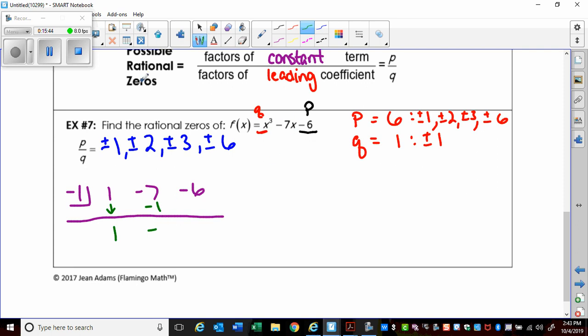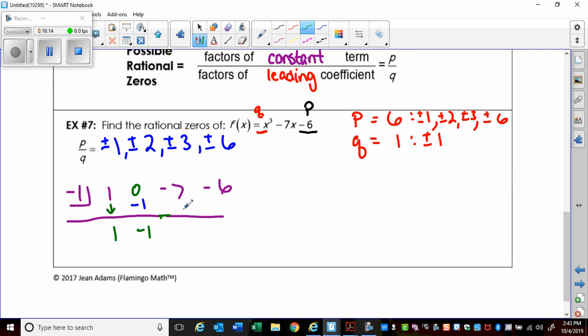Oh, I forgot about the 0 right here. I knew something didn't look right. So there is no x squared. We have to have a placeholder, so I have to have a 0. And then I can put -7 and -6, right? So -1 times 1 is -1. 0 plus -1 is -1.